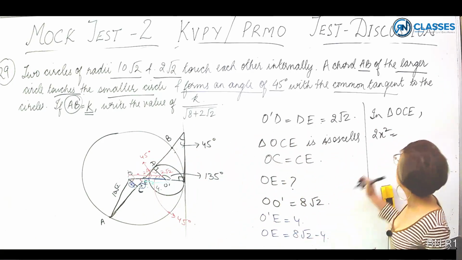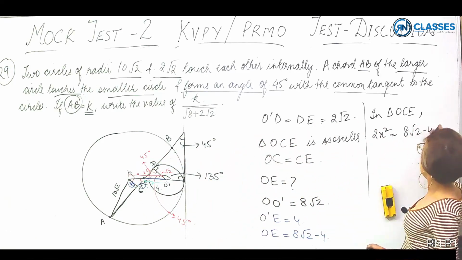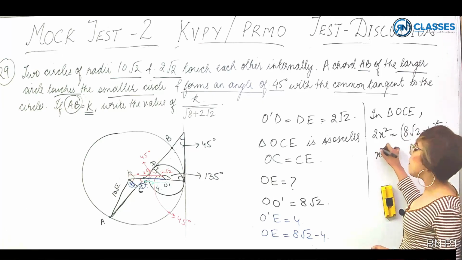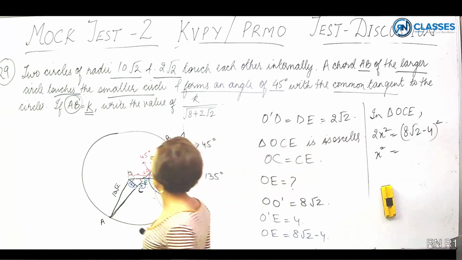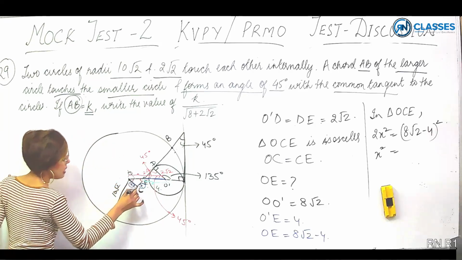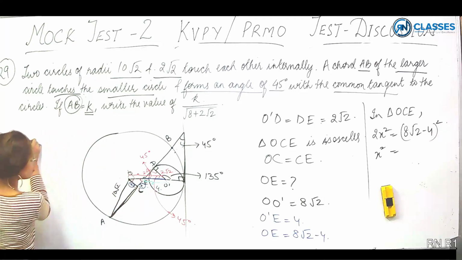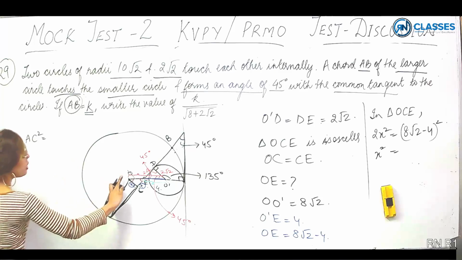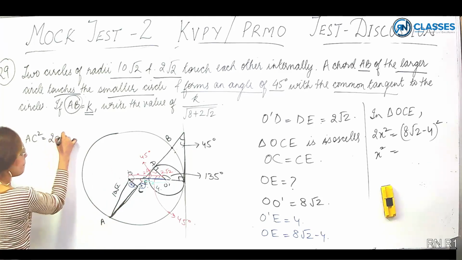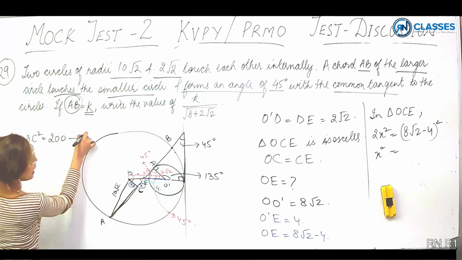OE is where? Here. 8 root 2 minus 4 whole square. Right? You can find the value of x square, right? Because when you apply Pythagoras theorem in OCA, you need x square only. So AC square is actually nothing but this square, which is 200, minus OC square, which is x square.